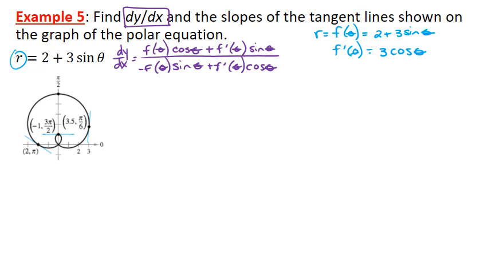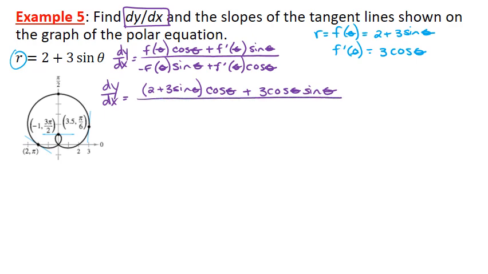So I'm just going to go ahead and plug everything into this formula. When I plug f of theta in, I'm just going to leave that as 2 plus 3 sine of theta. I'm going to multiply that by cosine of theta, and I'm going to add that to the derivative, which is 3 cosine of theta times sine of theta from the formula. Then in the denominator, negative f of theta is the same thing I have written above.